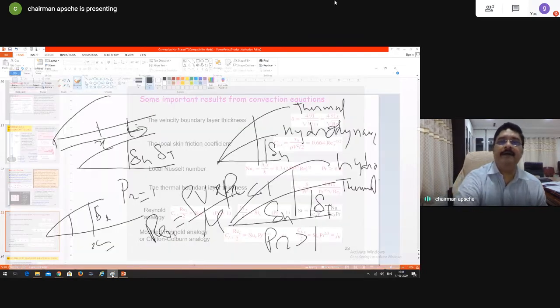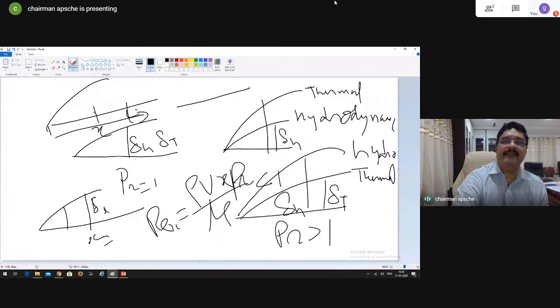If there is a plate, you can calculate Reynolds number here, here, and here. The fluid flow direction is the characteristic dimension.